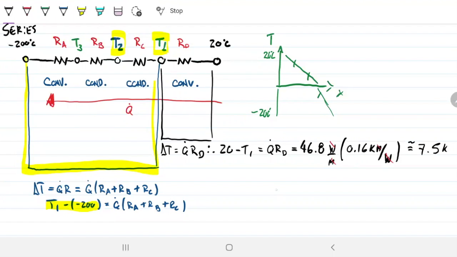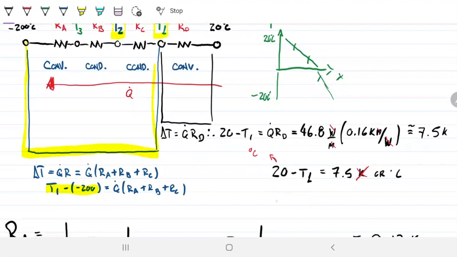So our delta T, which is 20 minus T1, equals about 7.5. But note that this value is in Celsius, so you cannot use Kelvin anymore when we apply the difference. That means my T1 will be 20 minus 7.5 Celsius, which equals 12.5 Celsius-ish.